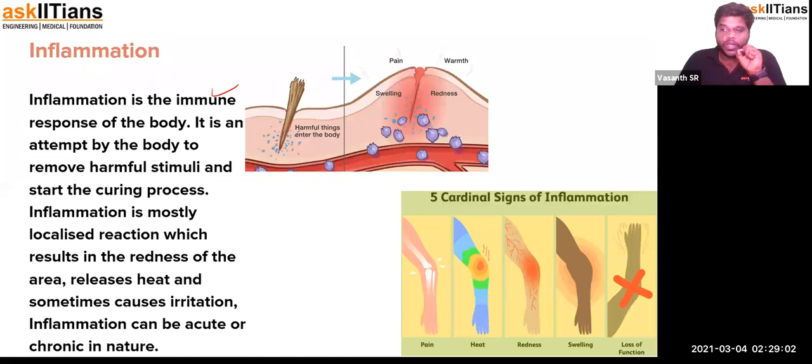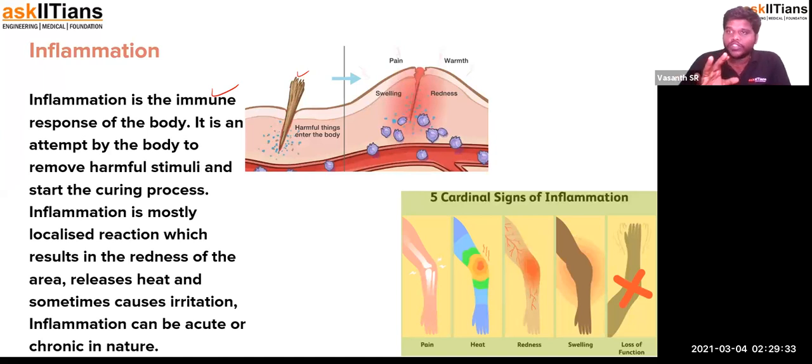So when it comes to any harm that is done to our body, let's say here an example, a thorn is attached on your skin. When the tip of the thorn touches, you can see a lot of foreign particles that have entered into the body. These foreign particles could be anything. It could be disease causing, it could be toxic, and it could be any unnecessary stuff.